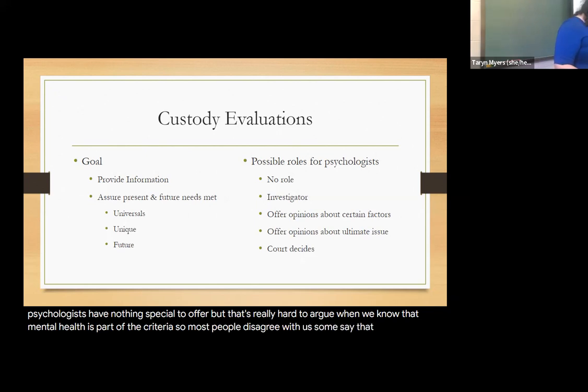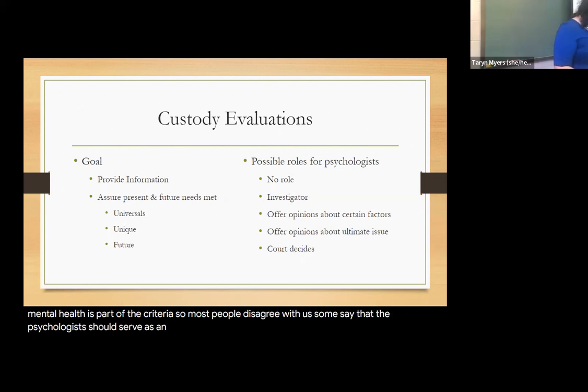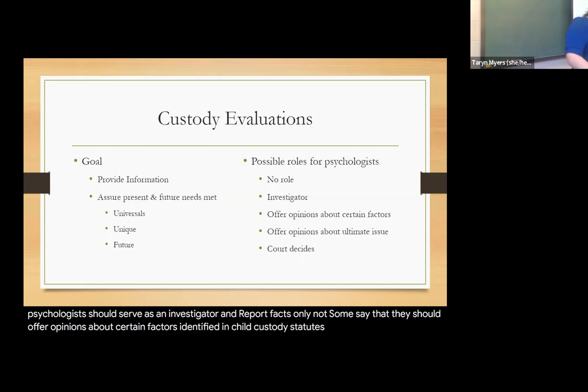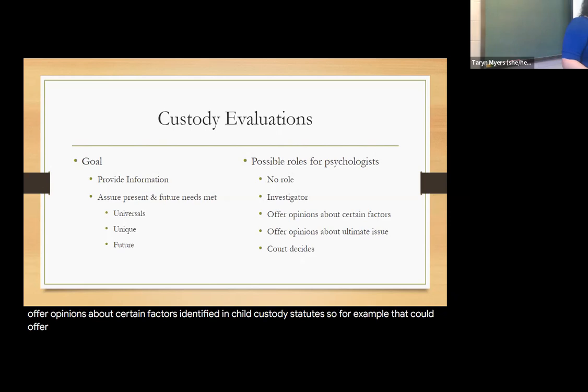Some say that the psychologist should serve as an investigator and report facts only, not offer any opinion. Some say that they should offer opinions about certain factors identified in child custody statutes. So for example, they could offer opinions about the mental health of everyone involved, right? But some people say they should just stop there and offer no opinions about custody arrangements.